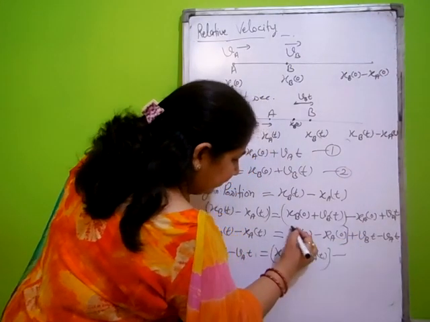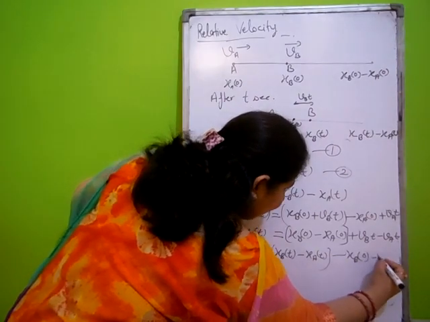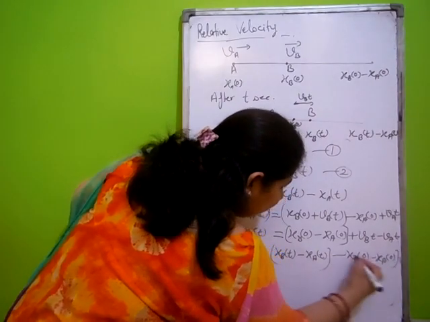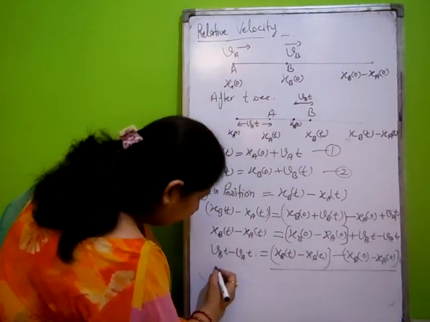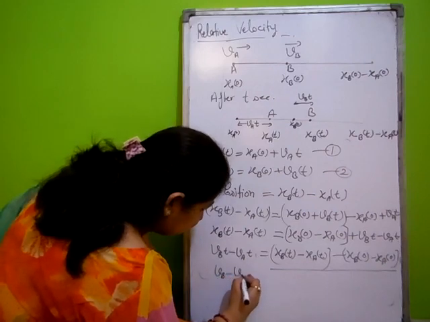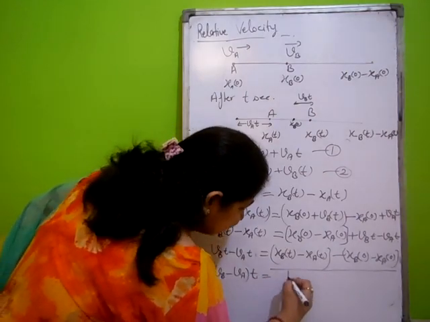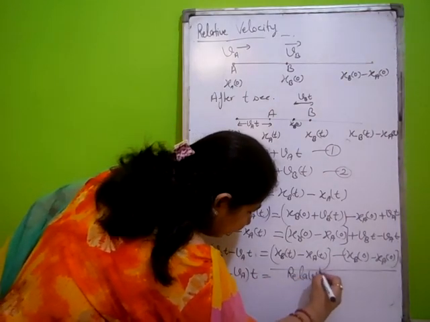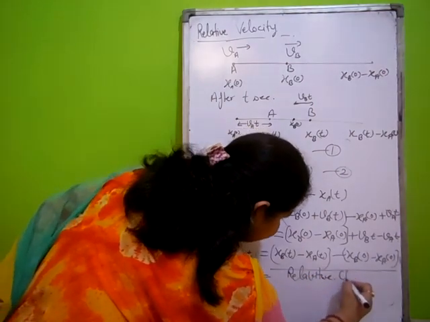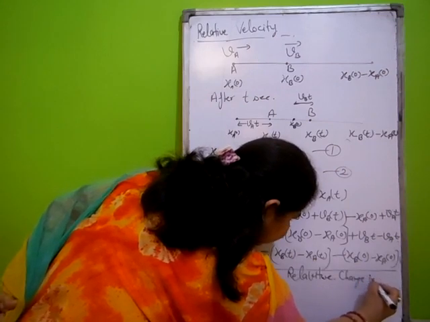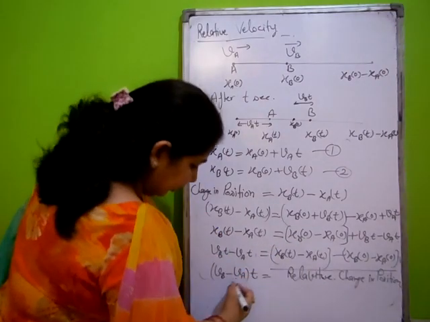This term XB0 minus XA0 we will take to the other side. What is it? It is the relative change in position. Here (VB minus VA) t is equal to this. This is the relative change in position.